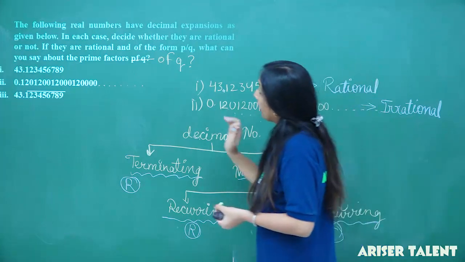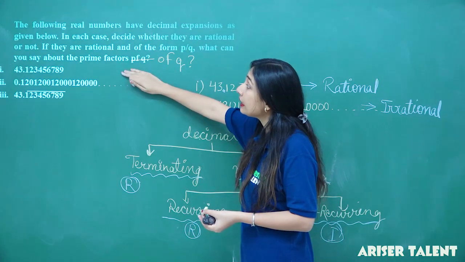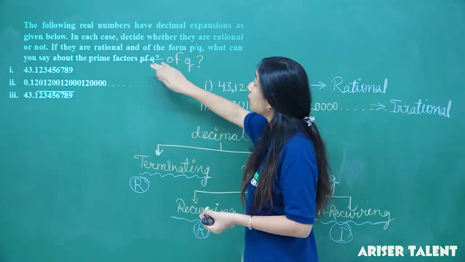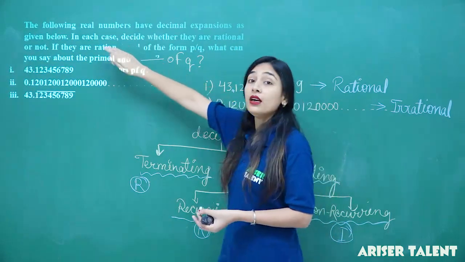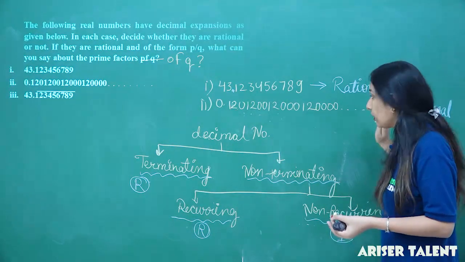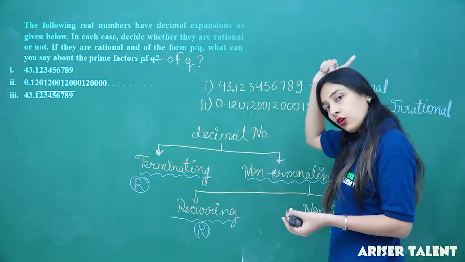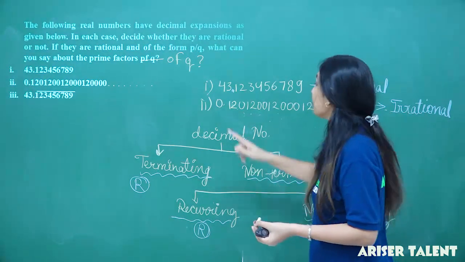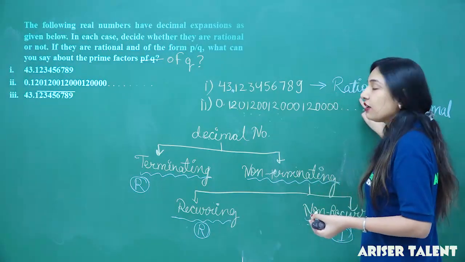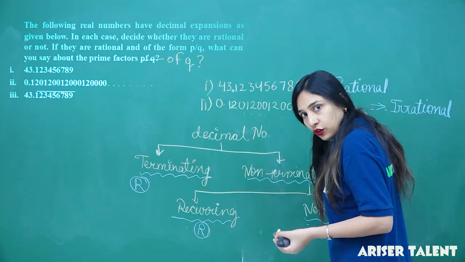Now we have to give an explanation only about the prime factors of Q where the number is rational. This one is already irrational. We are not supposed to talk about an irrational number. We are supposed to talk only about rational numbers, right? So the first was rational. We have to give an explanation for the denominator of this number.